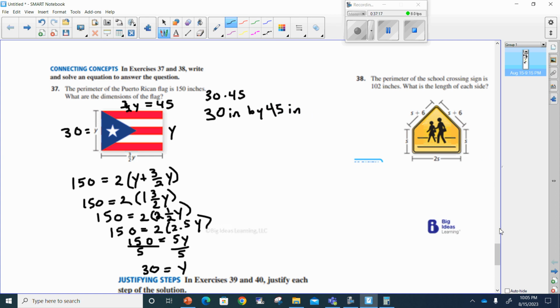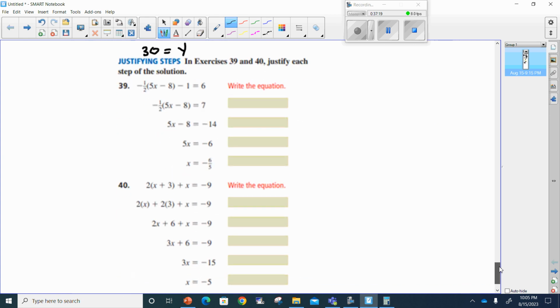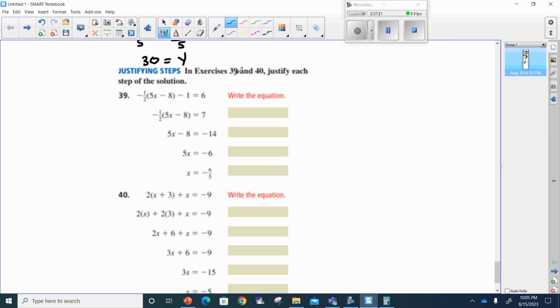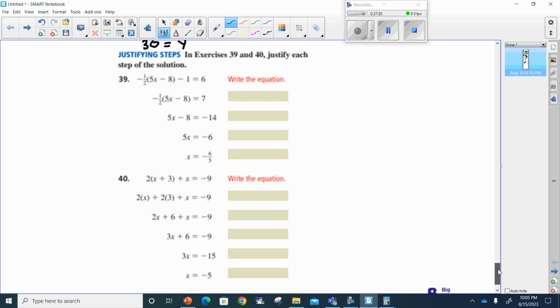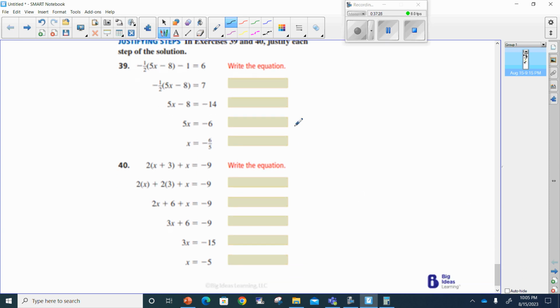All right, let's get to number 39. It says in exercises 39 and 40, justify each step of these solutions. So what are we doing first here? All right, let's go ahead and solve these problems. So the first thing we see is they got rid of the -1.